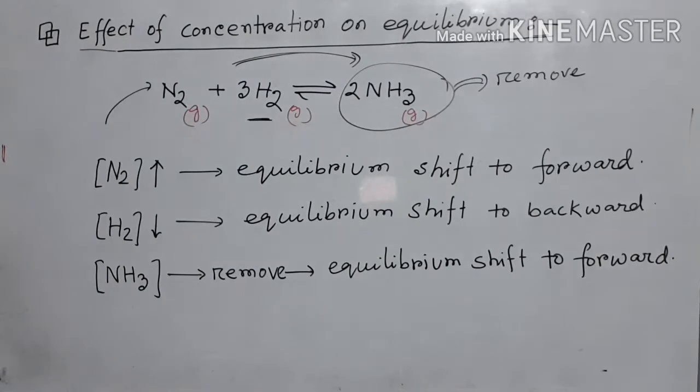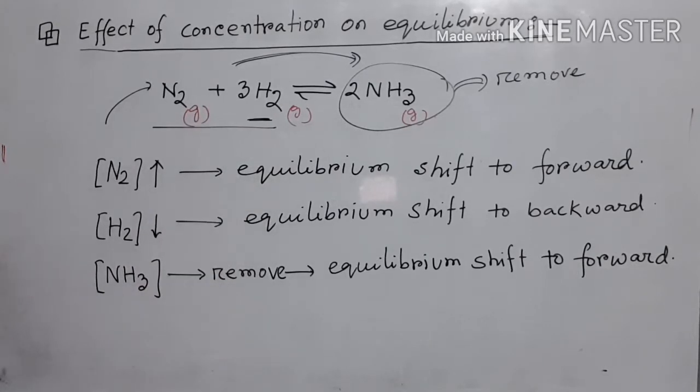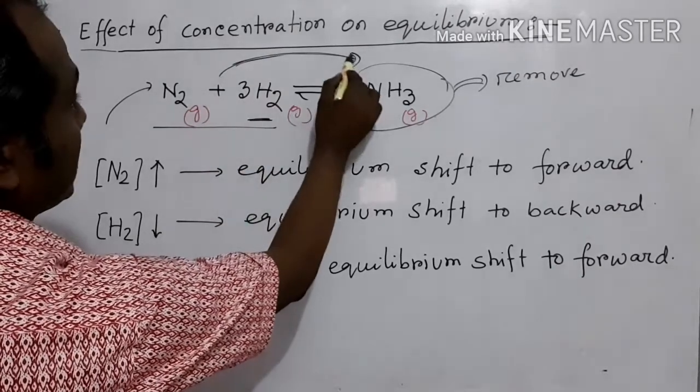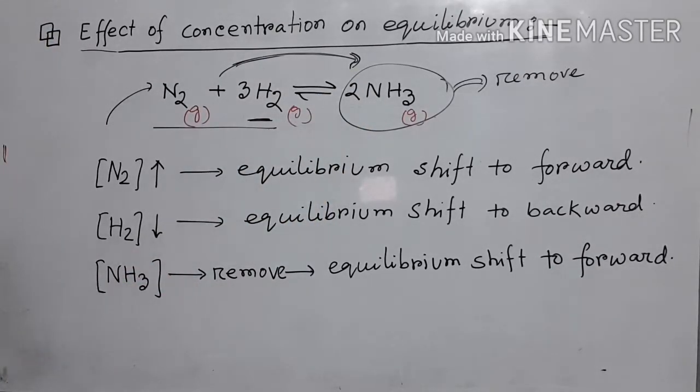Here we learned that if we add reactant at equilibrium, then the equilibrium is disturbed, and tries to undo the change, and shifts the reaction toward forward.